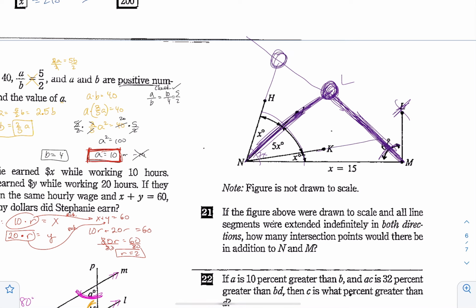And you have another point here. So in this case, you will have 3 more intersection points.